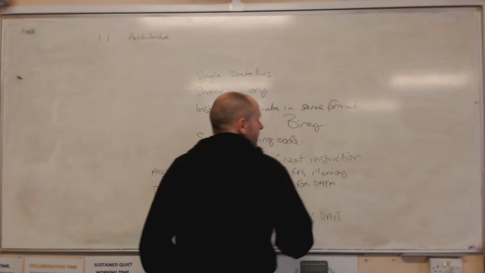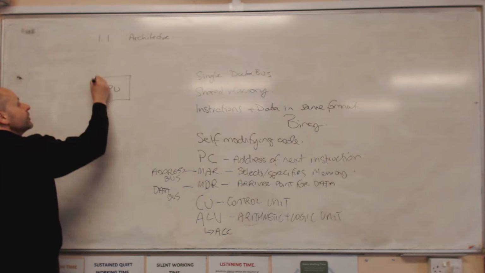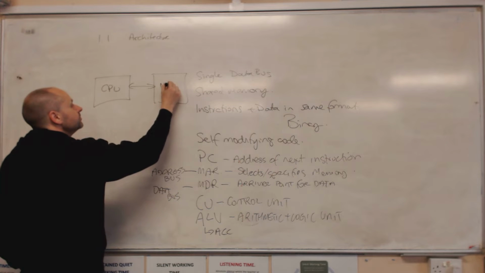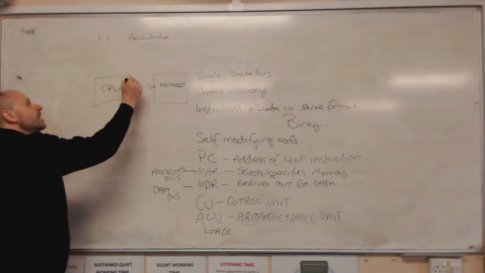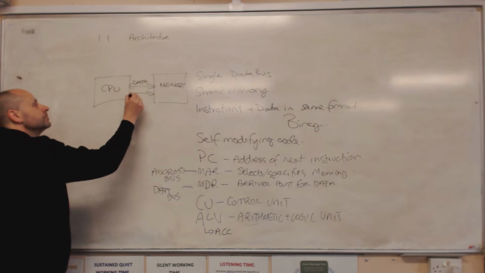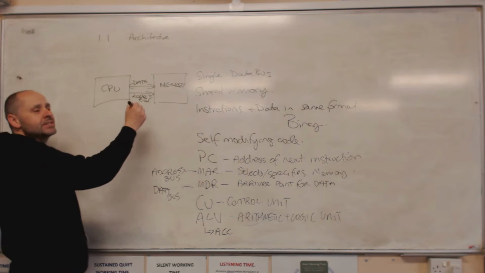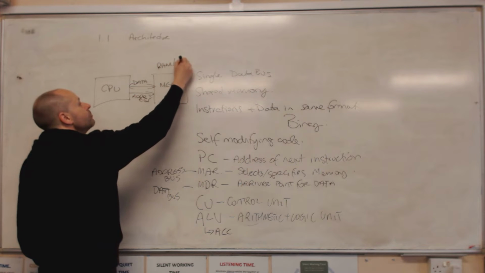The whole process of this involves the CPU connected to its memory. Okay, so this is the data bus. And that's the address bus. When we say memory, we mean RAM and ROM.